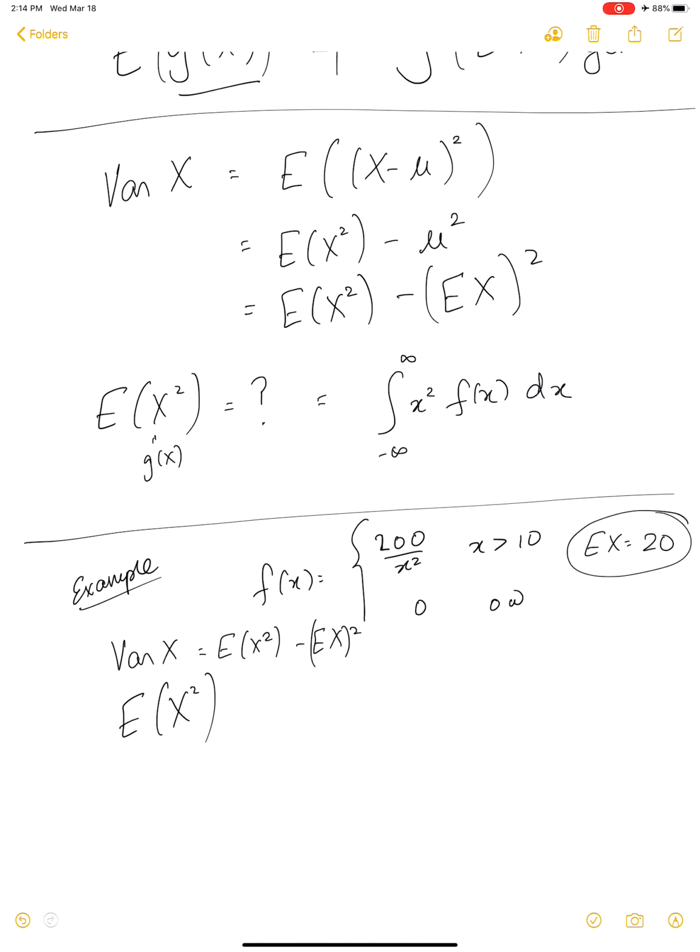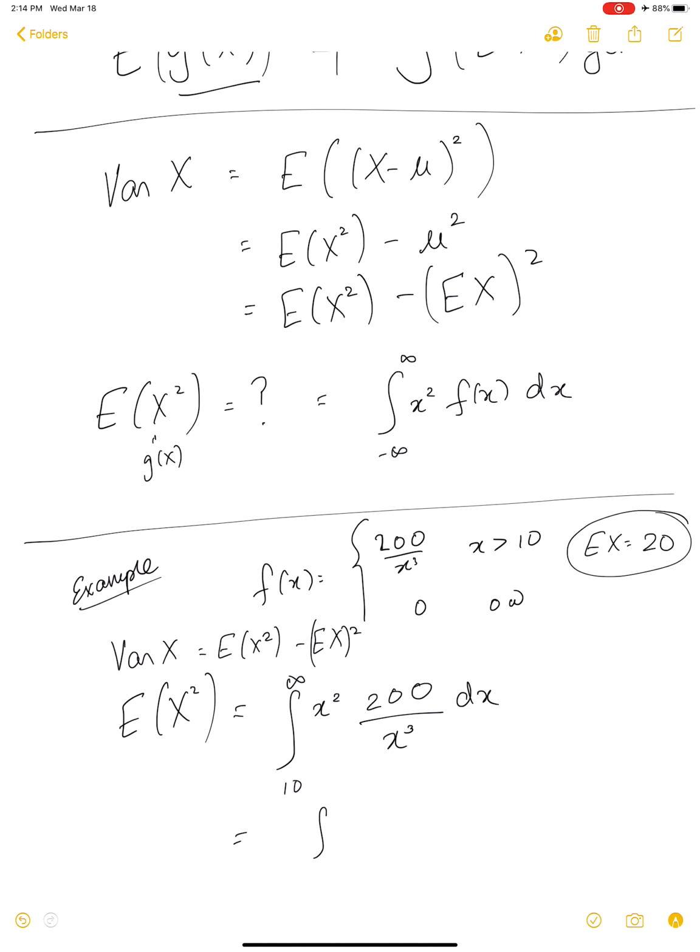What's the expected value of x squared? Well, let's take a look. This is going to be the integral from 10 to infinity of, sorry, this was a cube, let me fix that, x squared times 200 over x cubed dx.